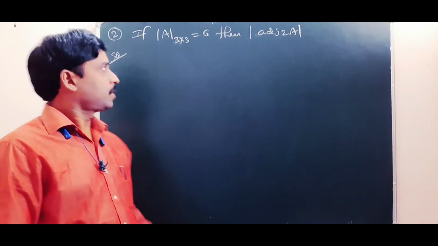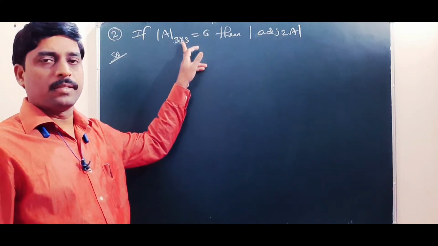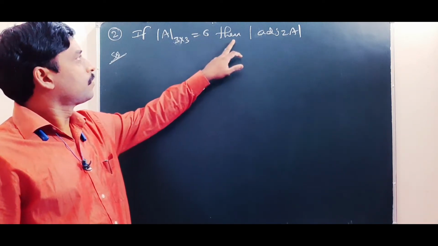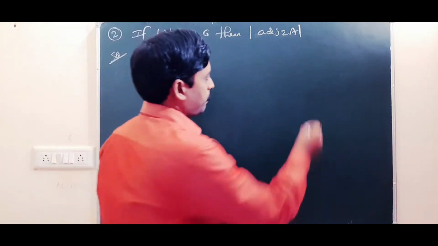Moving to the next question. Determinant of A equals 6 is given, where A is of order 3. Then we have to find determinant of adjoint of 2A.